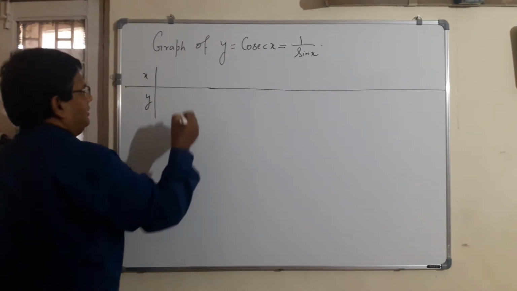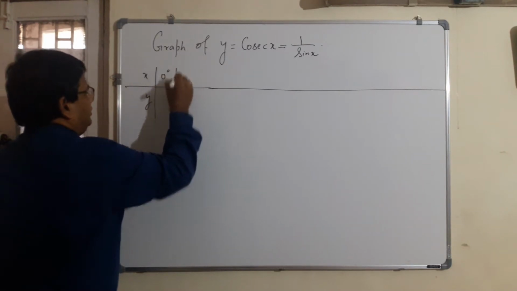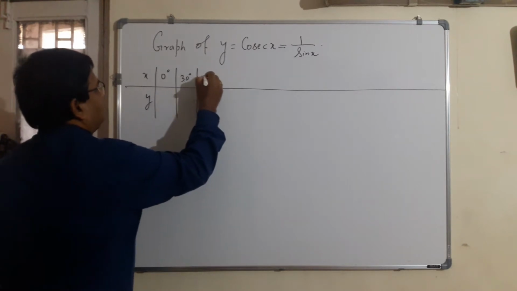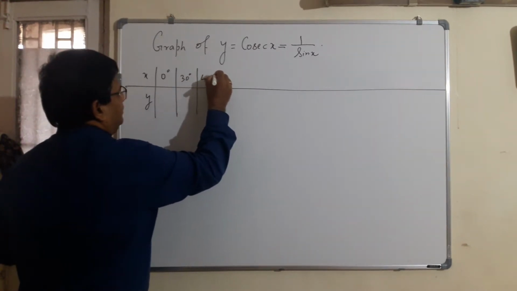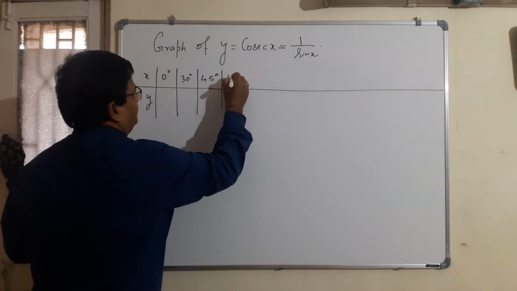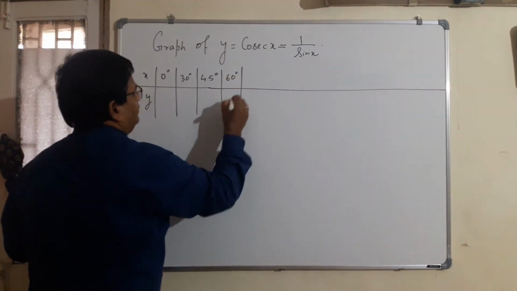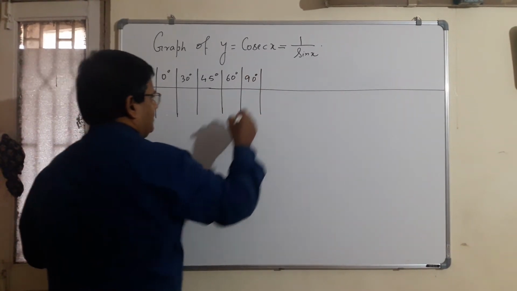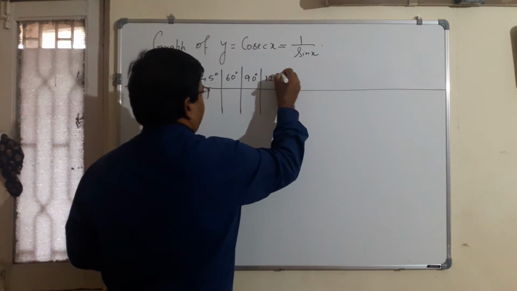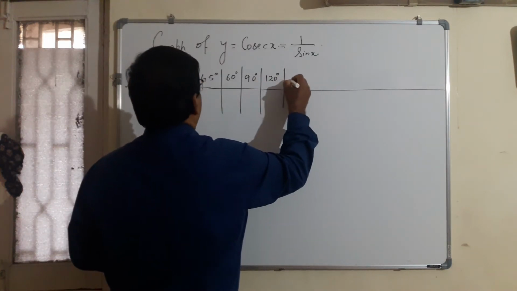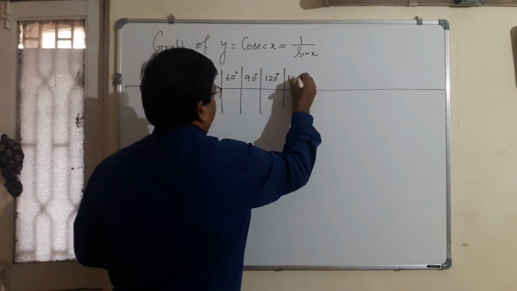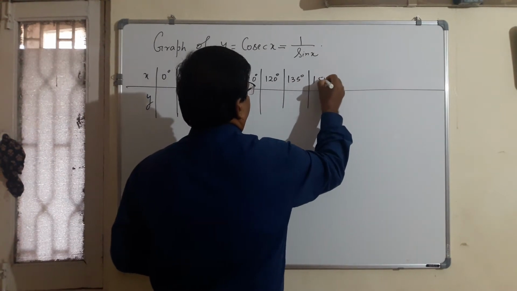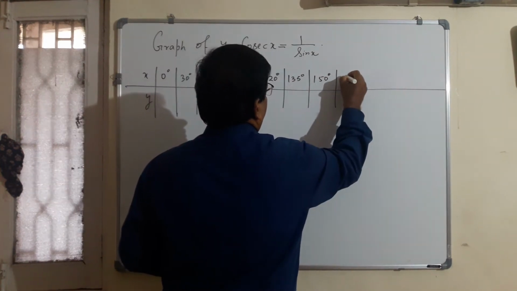In the first quadrant: 0 degree, 30 degree, 45 degree, 60 degree, 90 degree, 120 degree, 135 degree, 150 degree, 180 degree.